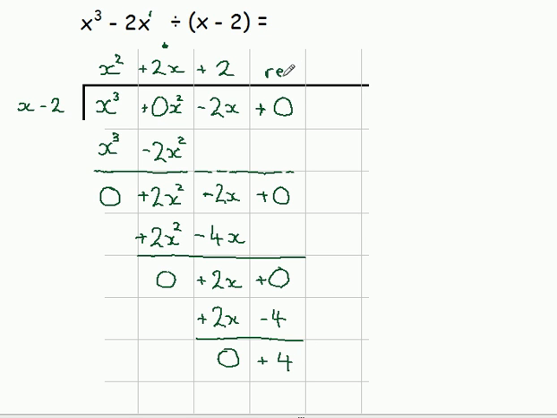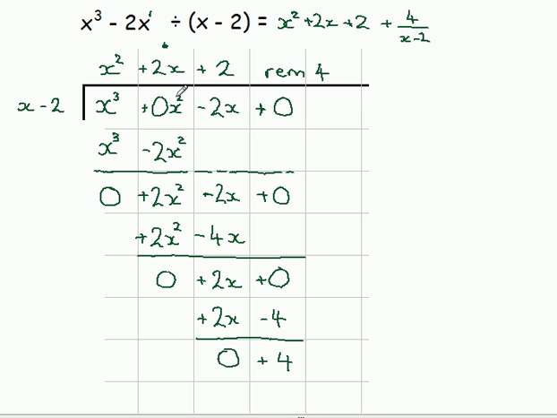And so my remainder is plus 4, or just 4. So I can say that this divided by this has given me x squared plus 2x plus 2 with a remainder of 4, but I can also write that as plus 4 over x minus 2 there.